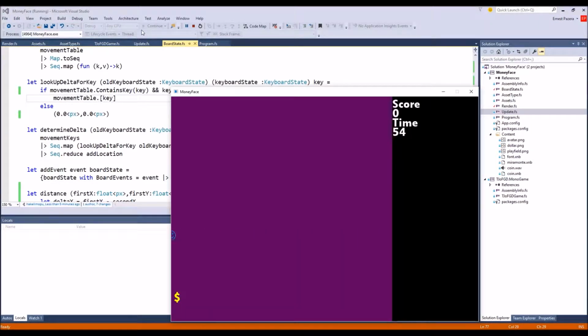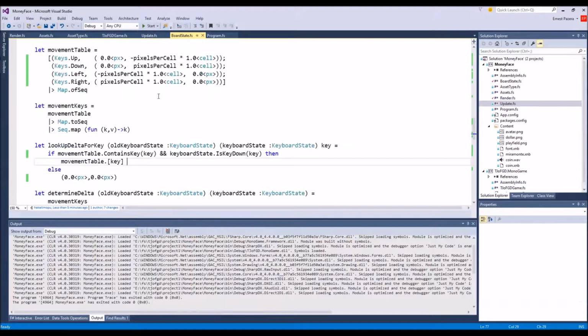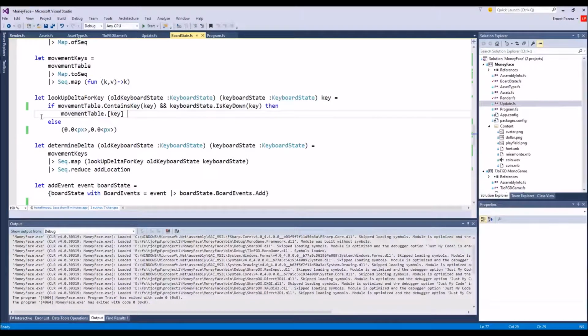So now I'm moving at this rate. And what I want is I don't want it in pixels, because I don't care about this.